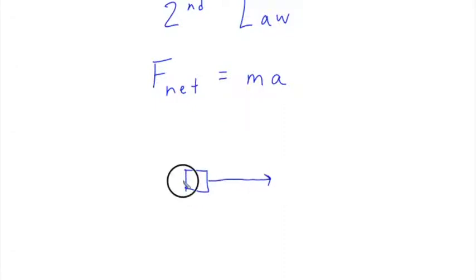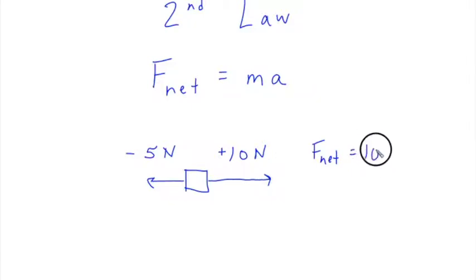Let's say this is 10 newtons to the right and 5 newtons to the left, then when we add these up, the net force is not 15, it's actually positive 10 minus 5 newtons. So in this case that would be 5 newtons.